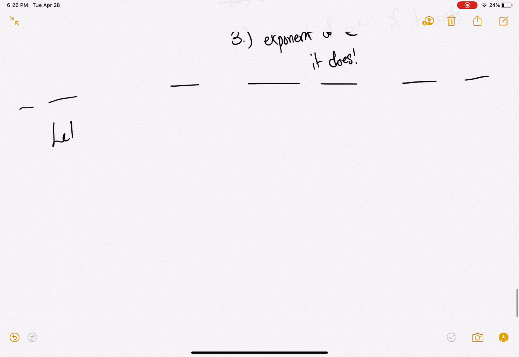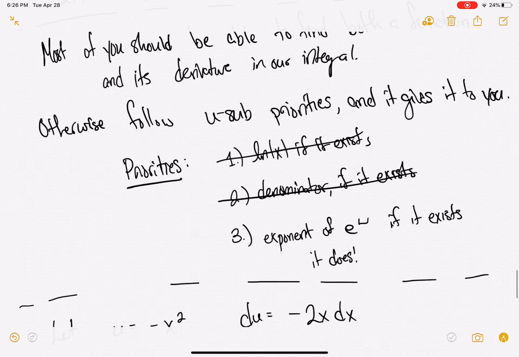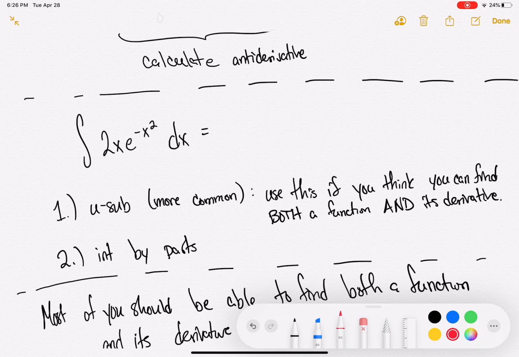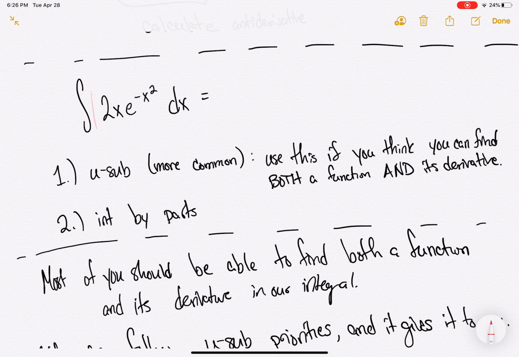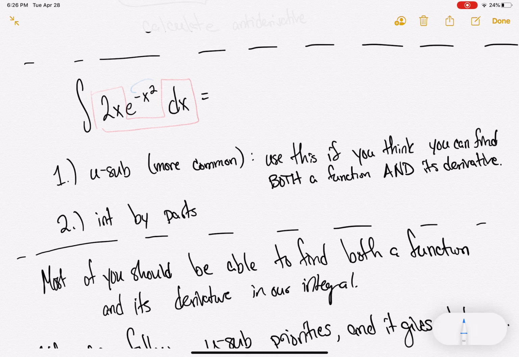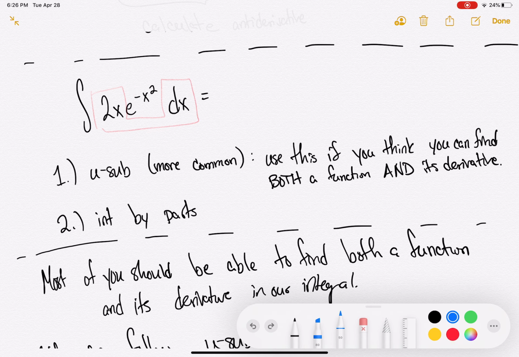priority 3. So then we let u equal negative x squared, which gives du equal negative 2x dx, which we almost have in our integral, right? Just compare this. So there is almost du, and there's definitely u since we chose it to be this.